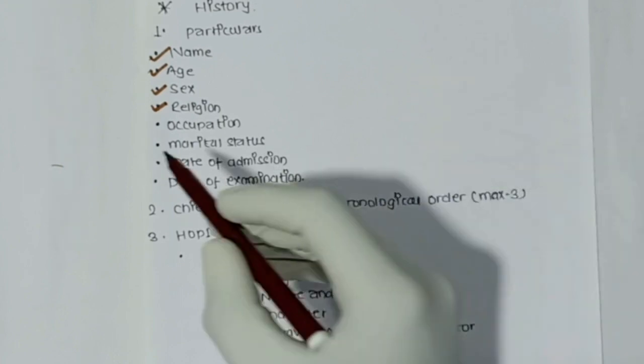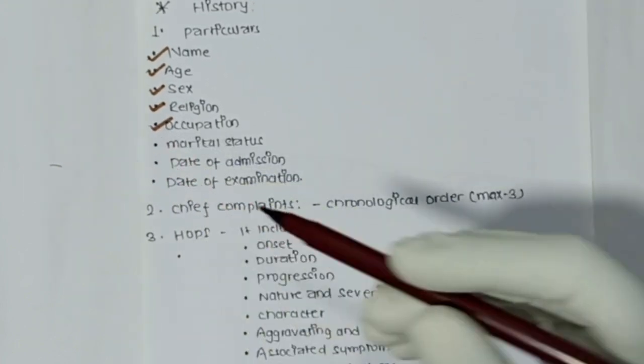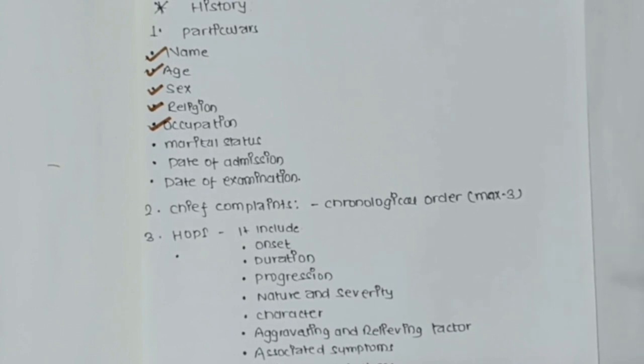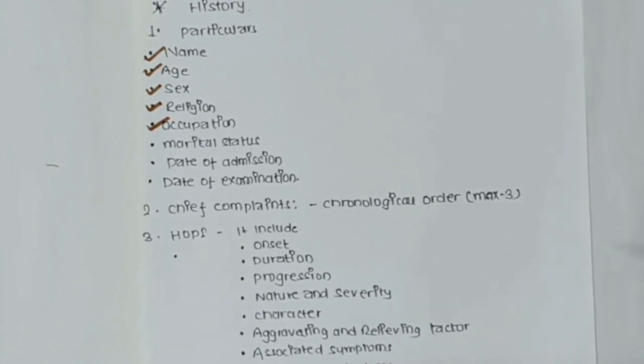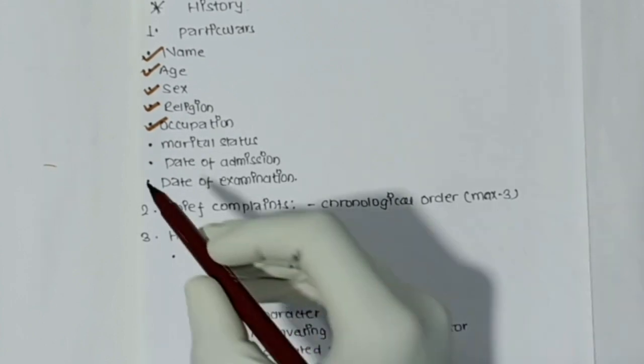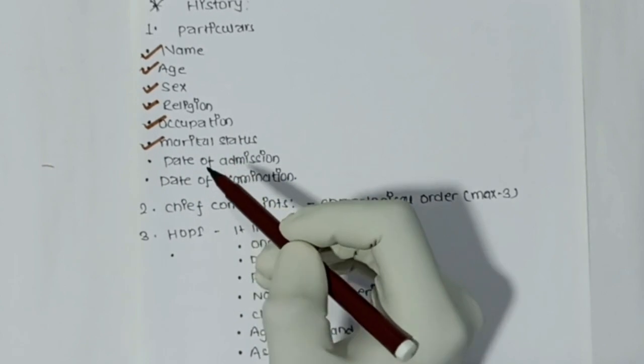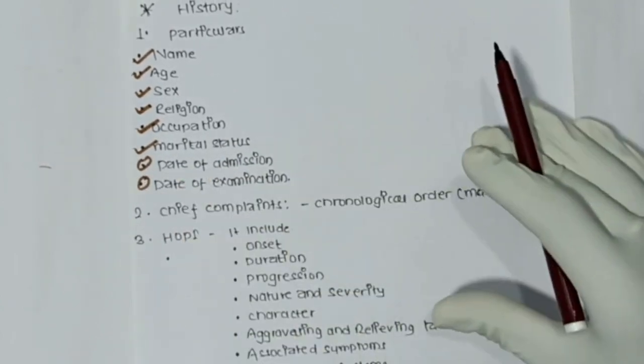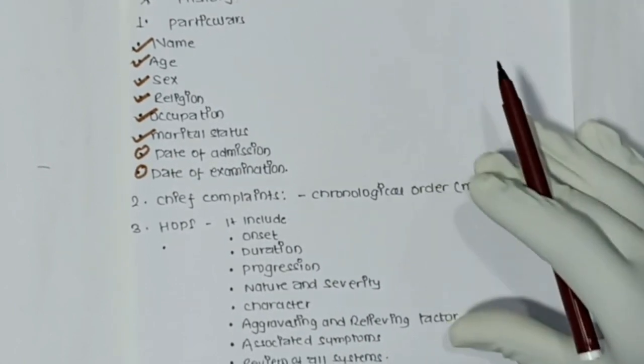Now occupation. Why do we have to ask occupation? Because occupation gives a clue about some diseases, like scoliosis, or varicose veins in bus conductors and mine workers. Now we have to ask marital status, and the main things are date of admission and date of examination. So we have completed the personal particulars. Now chief complaint.